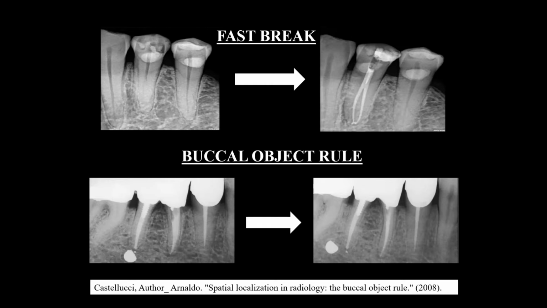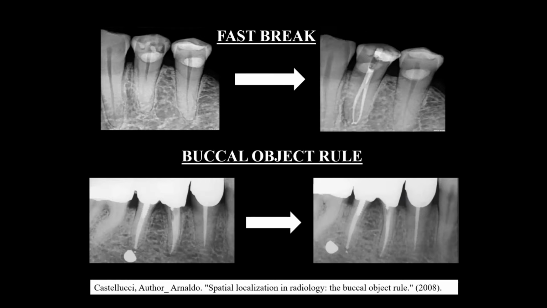This buccal object rule was described by Clark in 1910 and refined by Richard in 1953 and 1980. According to this rule, when a radiograph is performed at a certain angle, the object close to the radiographic source is displaced in the same direction as the X-ray beam.